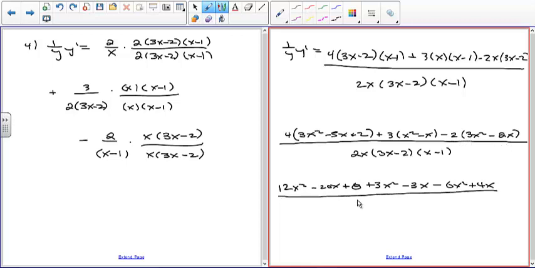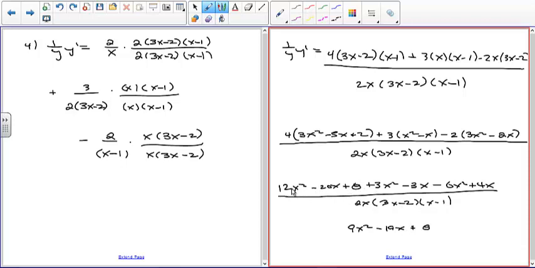All over 2x times 3x minus 2 times x minus 1. So we'll have 12x squared plus 3 is 15. 15 minus 6 is 9. So we get 9x squared. We have 20x minus 3x. Negative 20x minus 3x is negative 23. Plus 4 is negative 19. And then we have 8 plus 8.